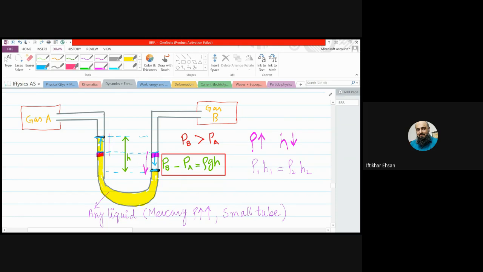The other will rise. When they settle and stop at a level, we mark the new higher level and the new lower level. The difference between the new lower and higher levels is said to be H. That H, when used in the formula rho g h, will tell us the difference in pressure of these fluids.